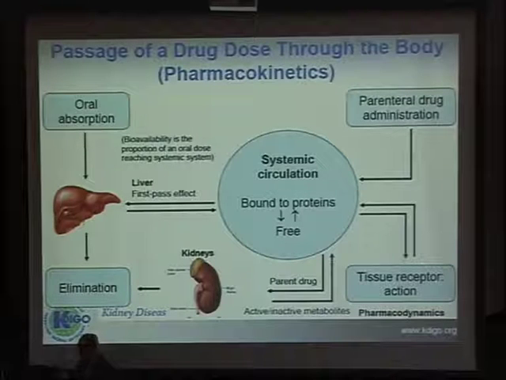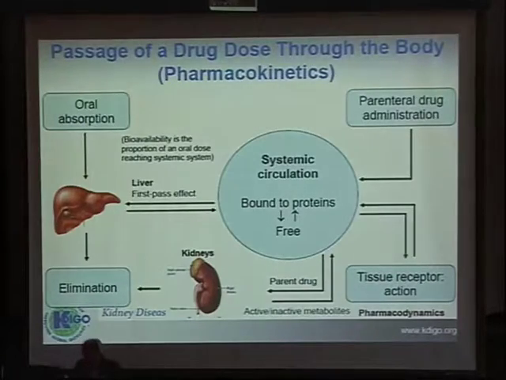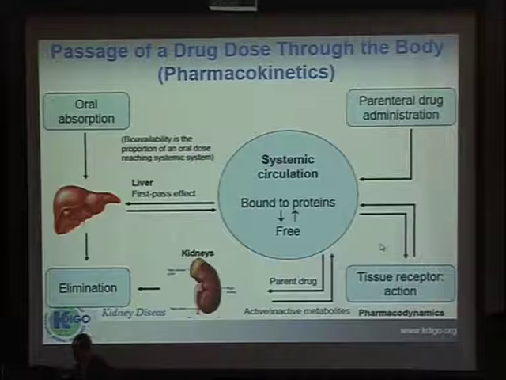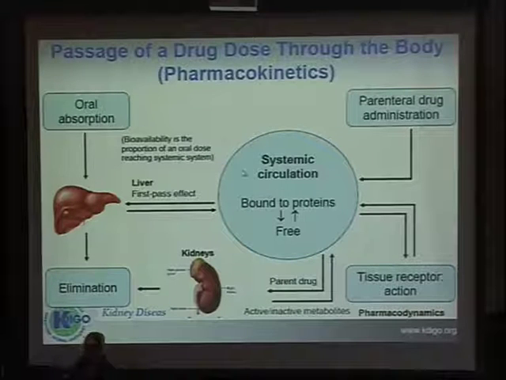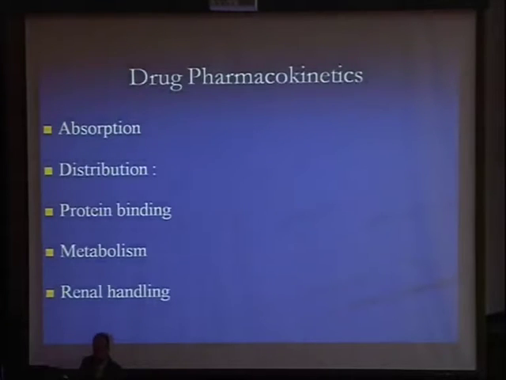Mind you that it's only the free portion of the drug that will exert its effect at the tissue receptor, and it's only this part which is going to be cleared by dialysis. Then after that, the drug is going to go back to the liver for metabolism and elimination, and also to the kidney for clearance. So these are the steps of drug pharmacokinetics.